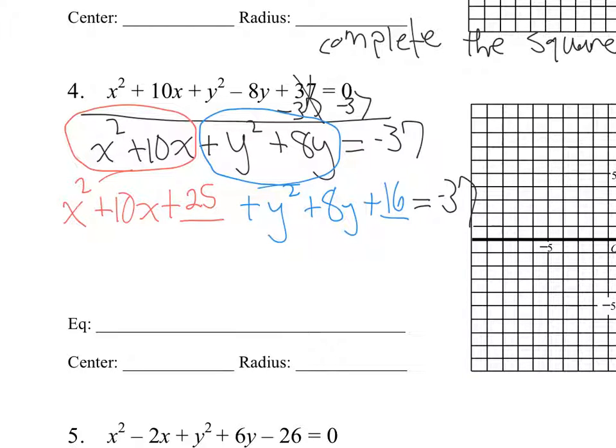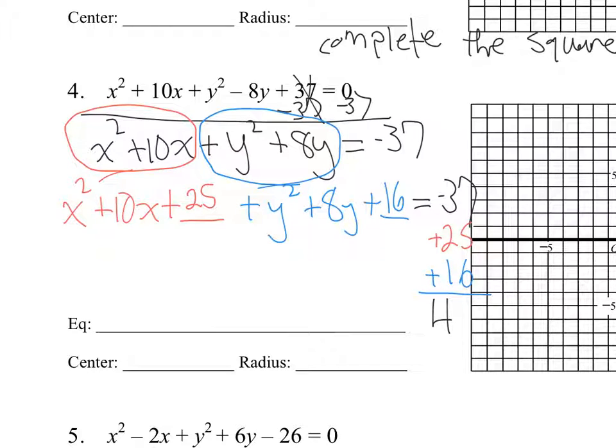Now remember, we just added these two new numbers, so I have to add 25 and 16 to the other side of the equation. Let's see what we get. Negative 37 plus 25 plus 16 gives us 4, so we end up with a 4 on the other side.